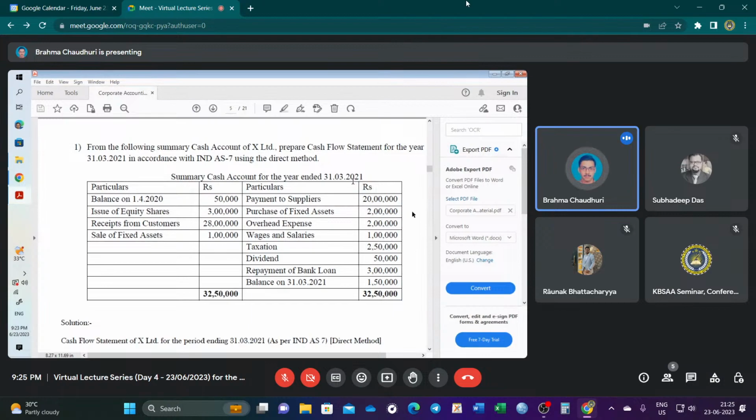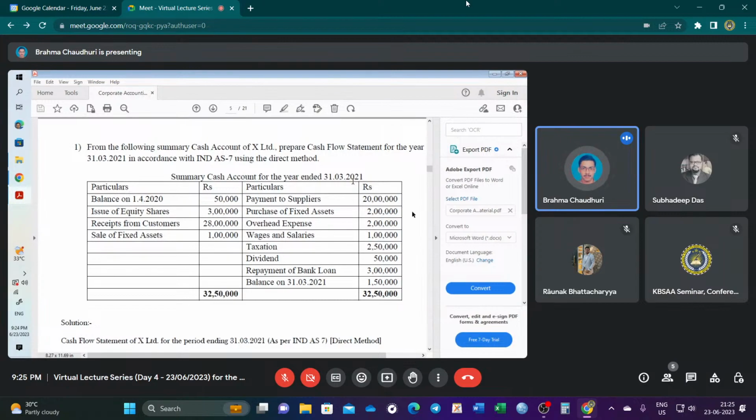Overhead expense, other than the prime cost, is known as the overhead. Any overhead expense may be lighting expense, electricity expense, rent, etc. Various types of indirect materials purchased, indirect wages paid, all these are overhead. So all these overhead expenses of 2 lakh are again the day-to-day operating activities of a business firm.